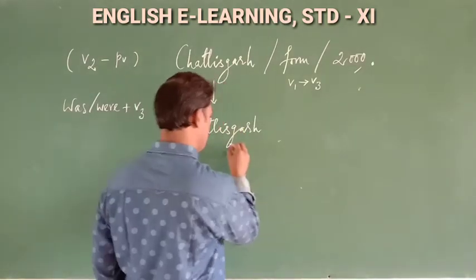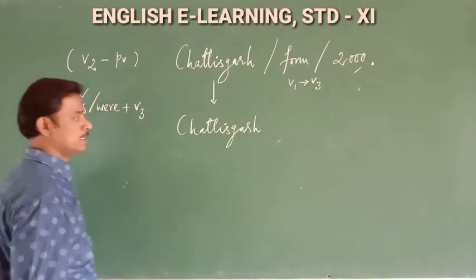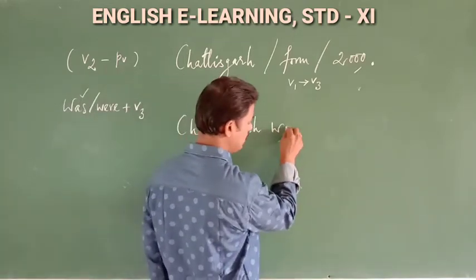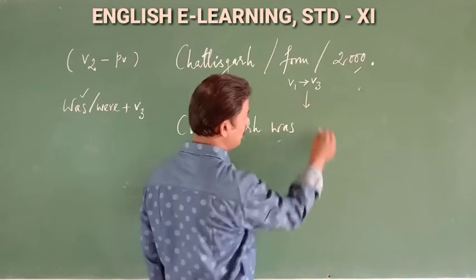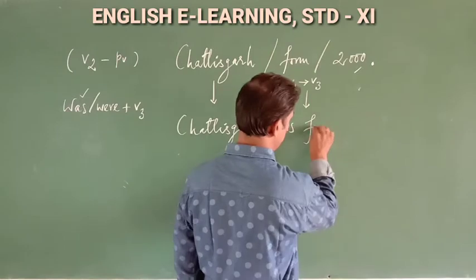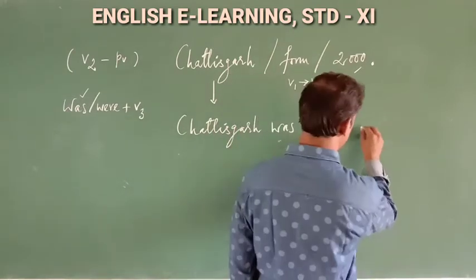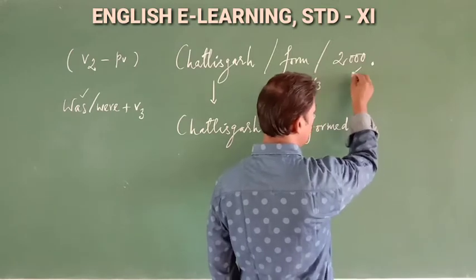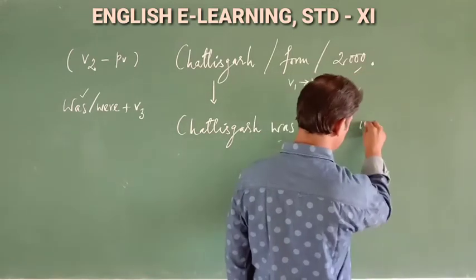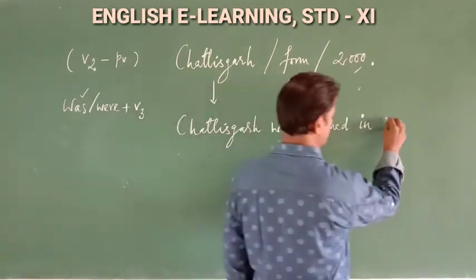And then this subject is in singular, so we must select the singular verb was. Chhattisgarh was, the verb 3 of this word is formed. That is was formed. Again, before introducing the year, we must use the preposition in 2000.